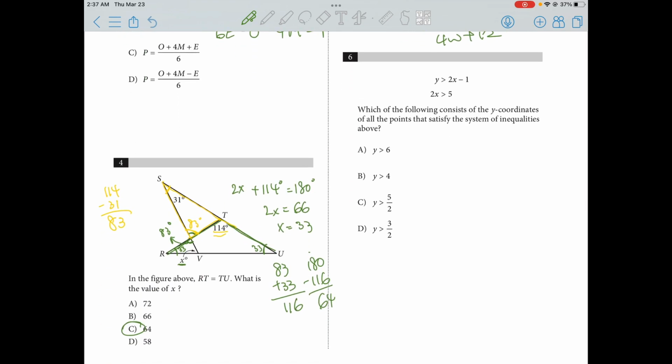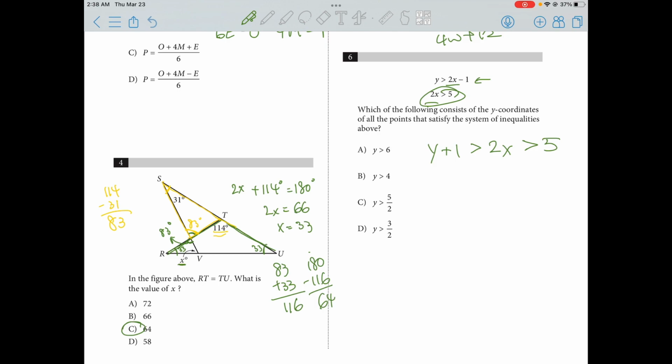Okay, number 6. We could tell that 2x is what they have in common, right? So let's isolate 2x in the first equation. We would do that by adding 1 on both sides. And then we would copy this one directly here, right?